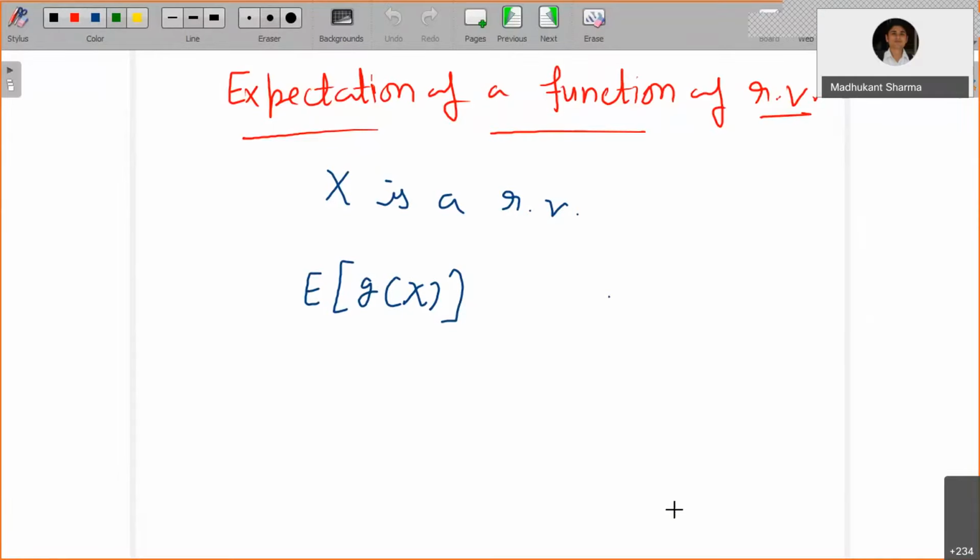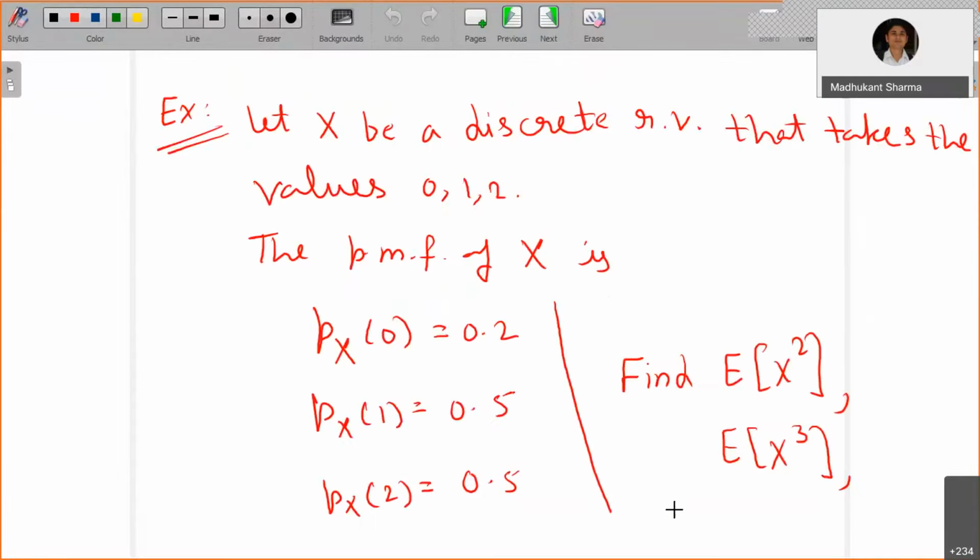Before doing this, let's take one example now. Let x be a discrete random variable that takes the values 0, 1, 2, with the PMF given. Now you are interested in the expectation of x square and the expectation of x cube.